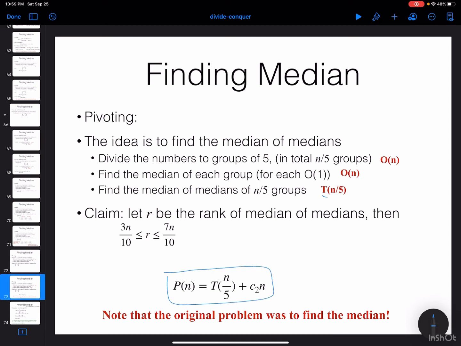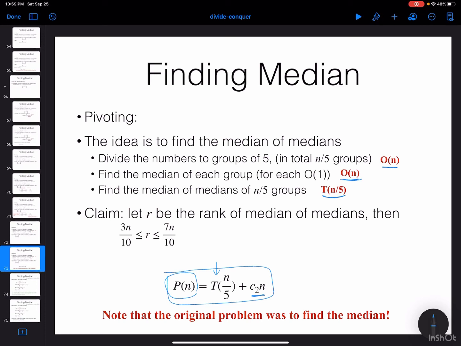This is the cost of finding the median of the medians. Linear here, linear here, so I'm showing it as C2n. So this P of n is going to be the cost of the pivoting. T of n is the cost of the original problem, finding the kth number.